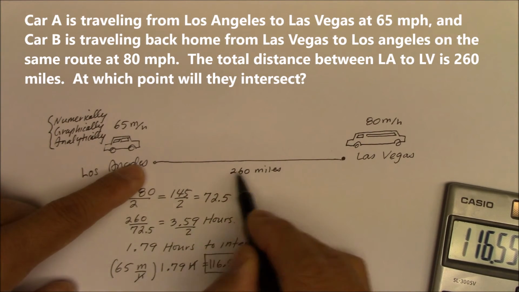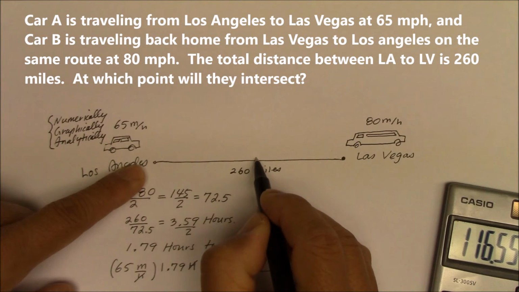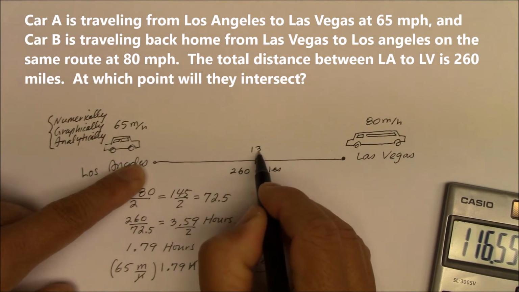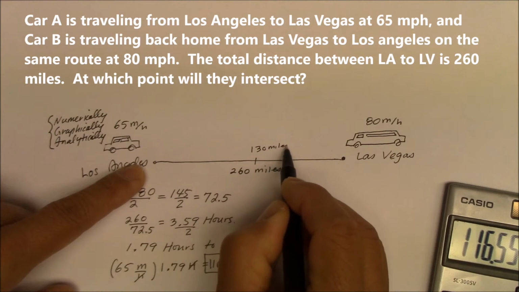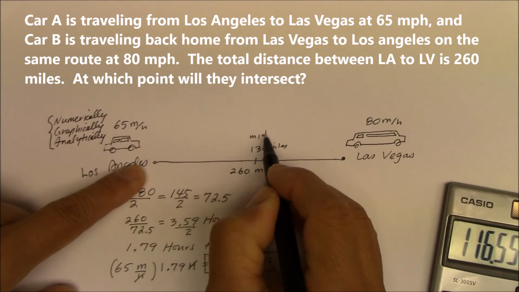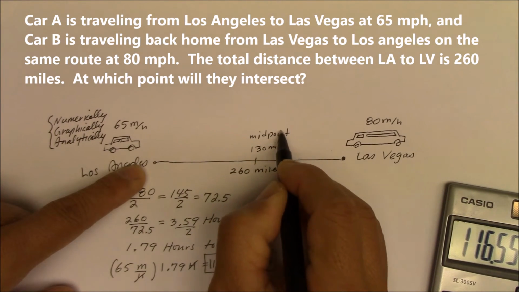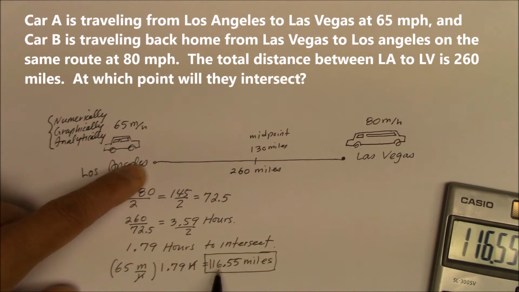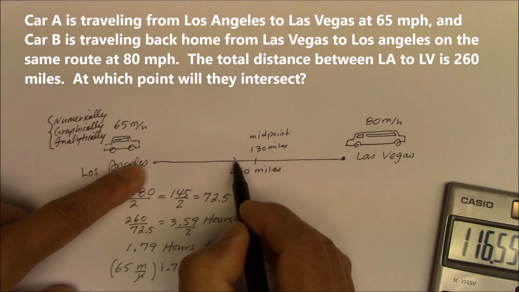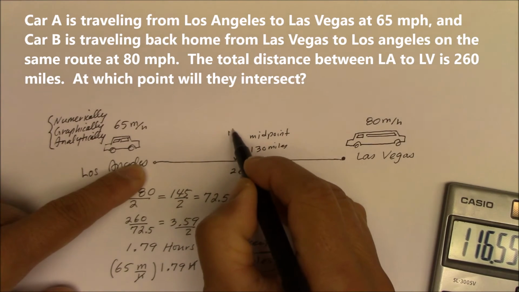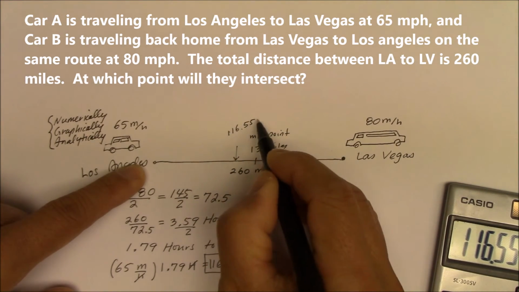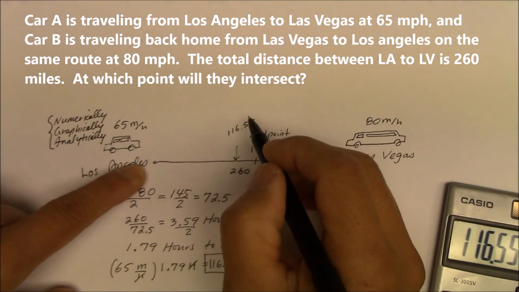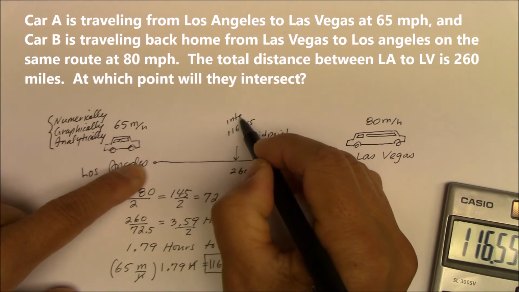The midpoint of the 260 is actually 130, is it not? That's the midpoint. Maybe that'll be Death Valley somewhere. Okay? So 116 is about over here somewhere, they're saying, at 116.55. Okay, that's the point of intersection.